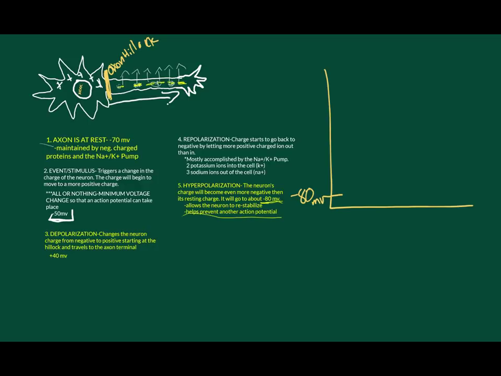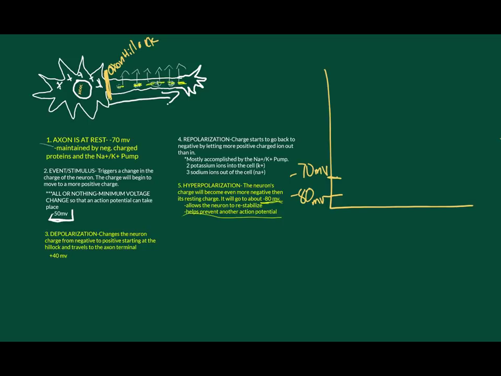All these numbers are just for this class. If you take anatomy later on, at the college level, you'll see that these charges vary from one neuron to another, depending on their location and what kind of message they're trying to send, and all that good stuff. So these are for the purposes of this class.